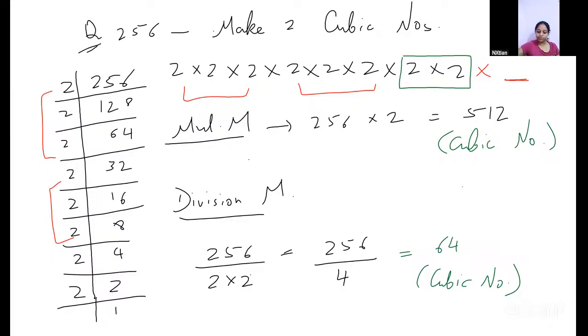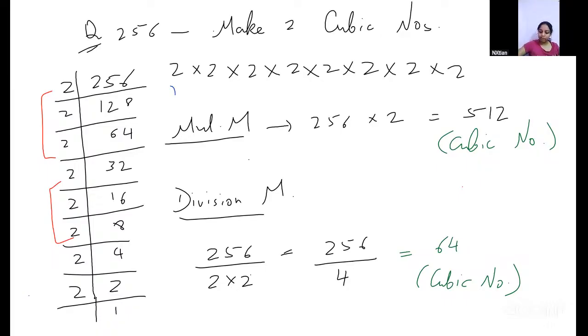See, Nathaniel, first I did factorization. You understood how we did factorization, right? Yes, ma'am. Then we made pairs of the numbers. Now this is a cube, so I have to make triplets, groups of three numbers.